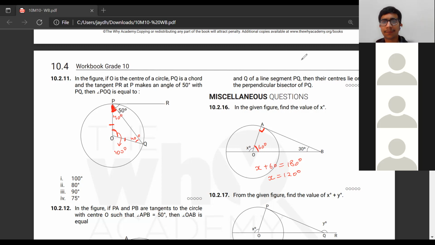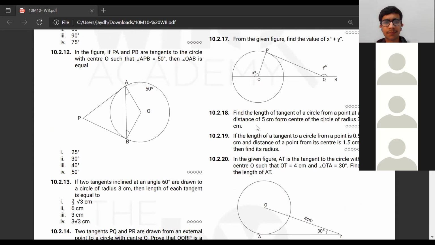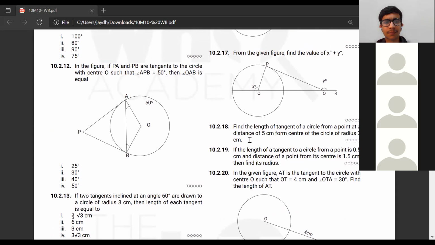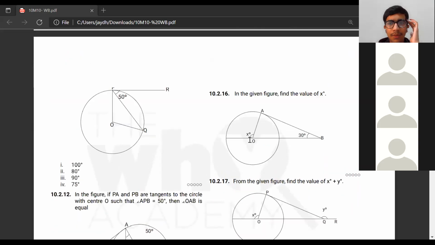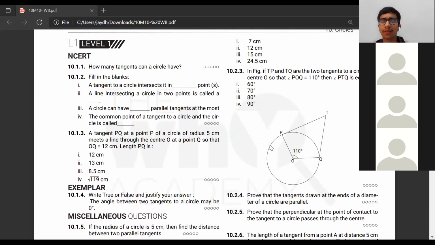Okay. Try this question, 10.2. Okay, one sec. Before that, solve the third question.